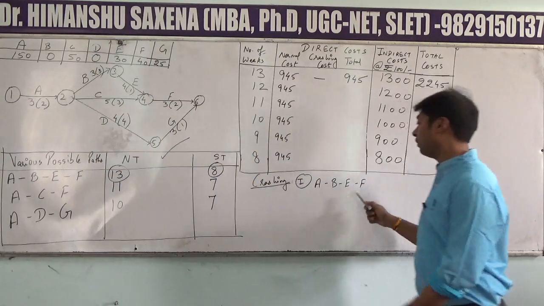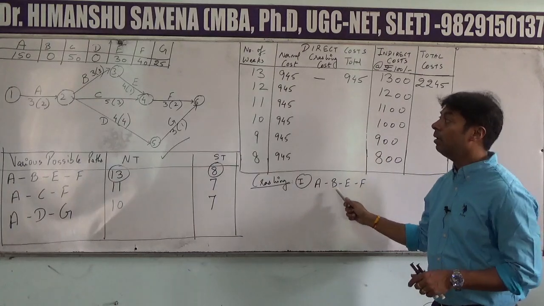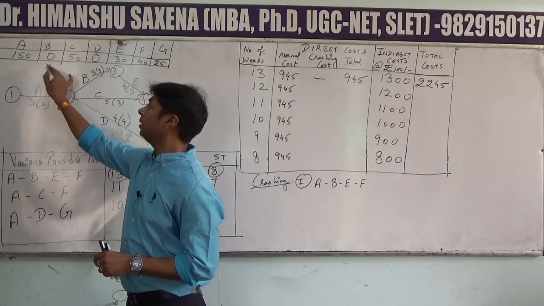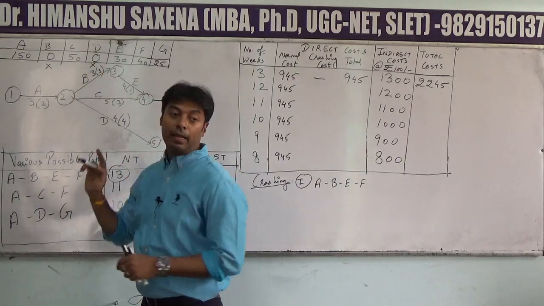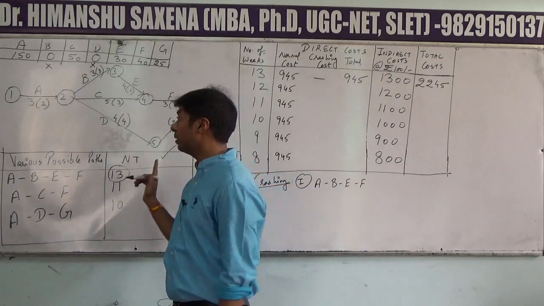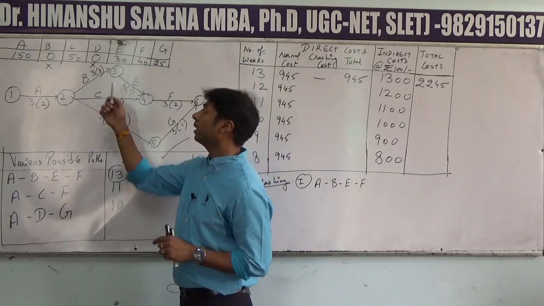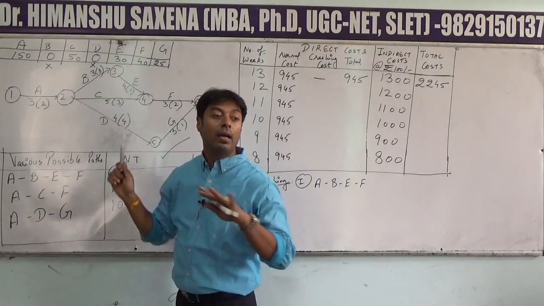So the cost of reducing A is 150 rupees, derived by the formula. B, remember, activity B cannot be considered for crashing. Similarly, activity D cannot be considered for crashing. Why? The reason is all those activities in which the normal time and the crash time are equal.